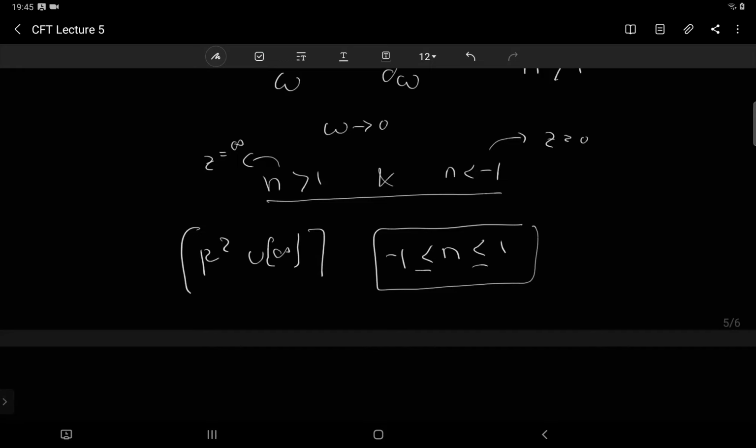Sir, we are free to expand this around any point that is not 0. Then any n less than -1 or n greater than 1, they are all defined.